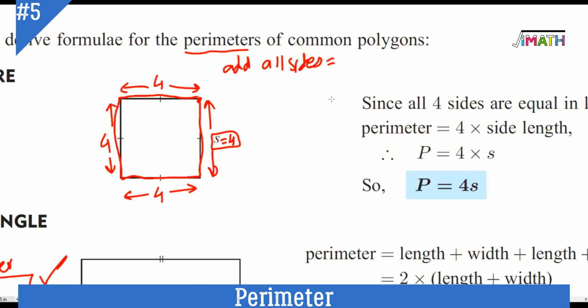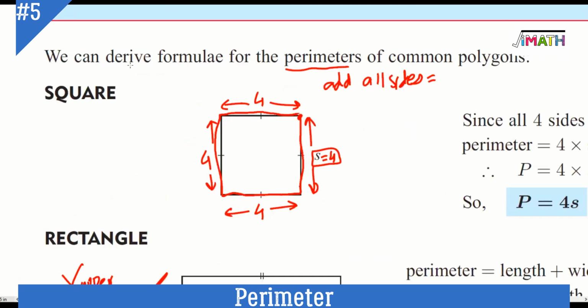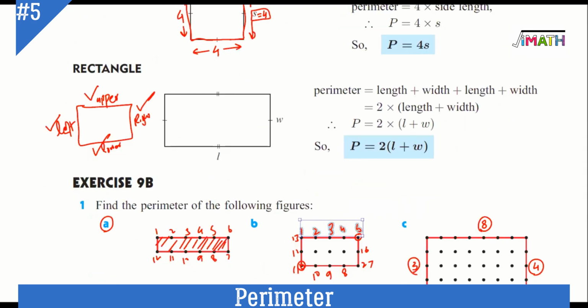So the total length of the boundary around the shape is called the perimeter. There are formulas, but I'm not going to the formulas. I'm going through the difficult part first, and then we will have the formula that will make it easier for us.